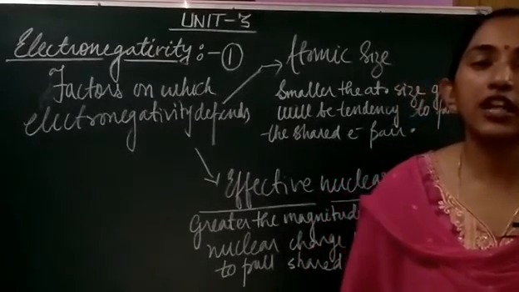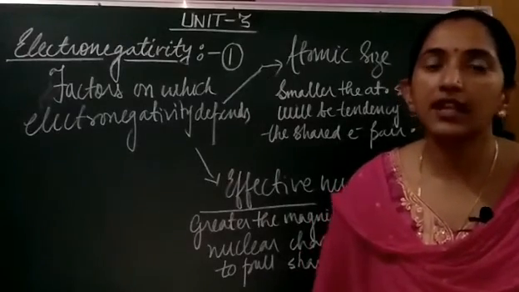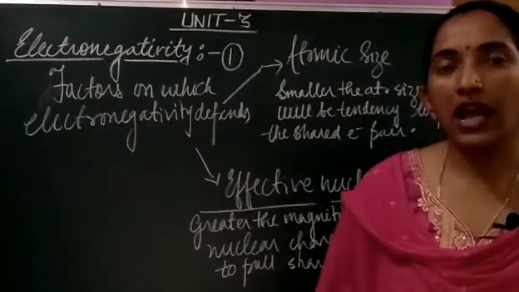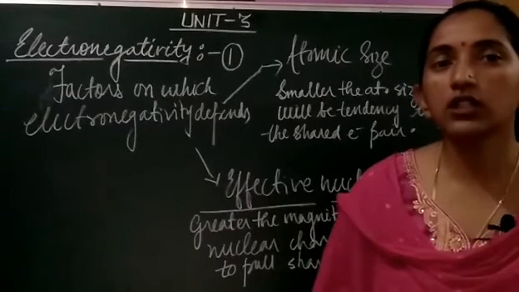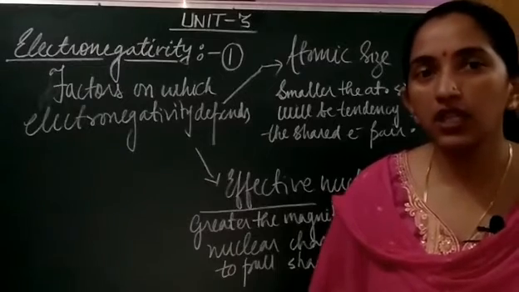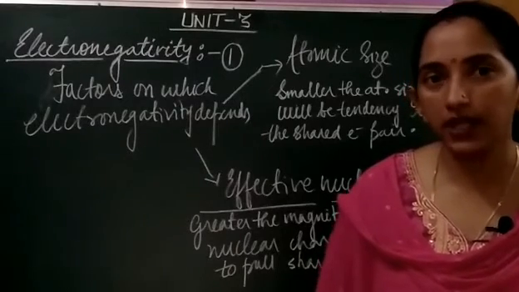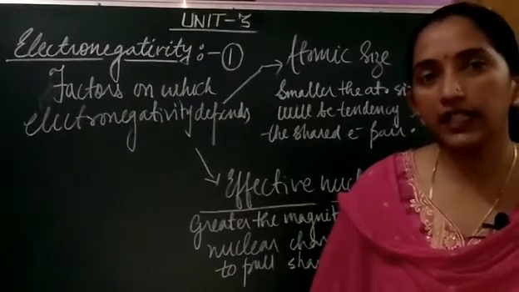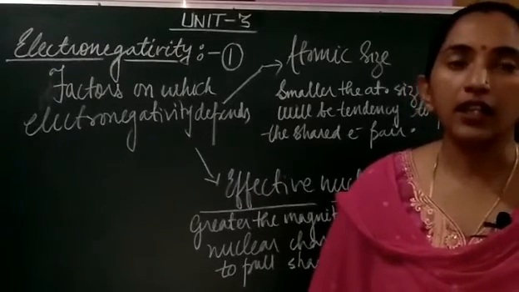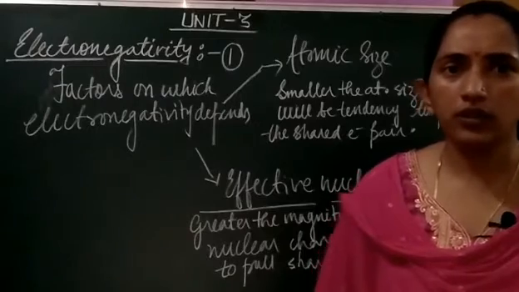So the sp hybridized atom will have a stronger tendency to pull the shared electron pair toward it among these three, sp3, sp2 and sp. This we will discuss in detail in organic chemistry also, as well as in unit 4, right students?